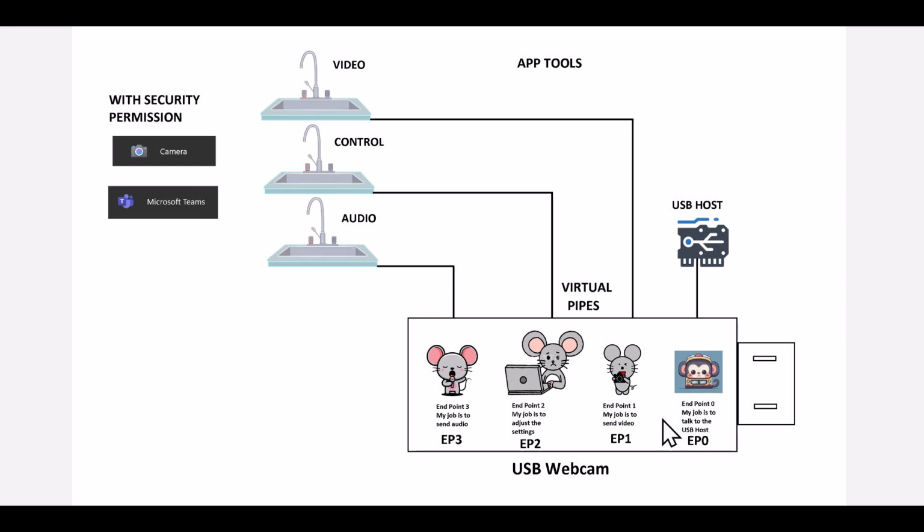All USB devices have an endpoint 0, and its job is to talk to the USB host controller, take instructions from it, give it its description, and describe all the different things that it's doing and how many different pipes it's going to need, how many different connections to the system that the applications on the other side will be expecting it to have.